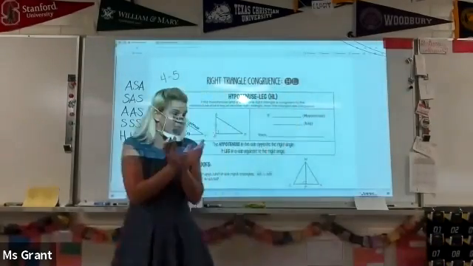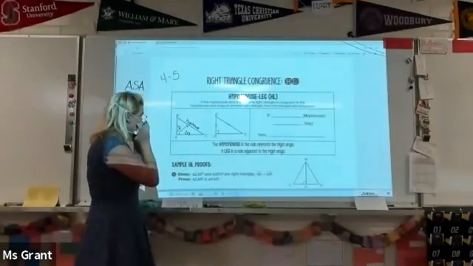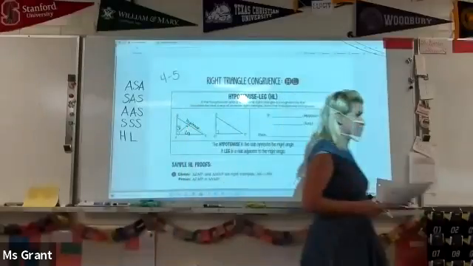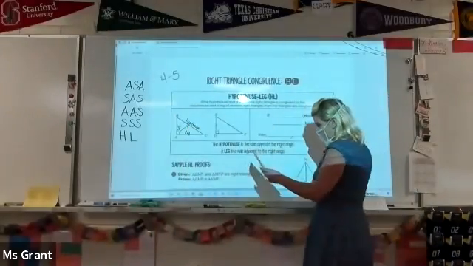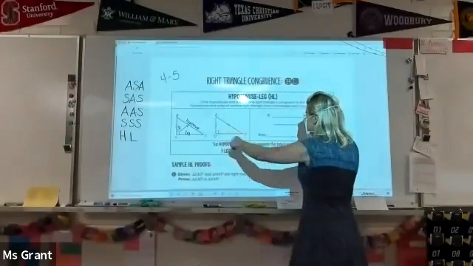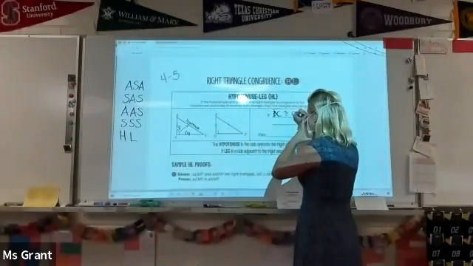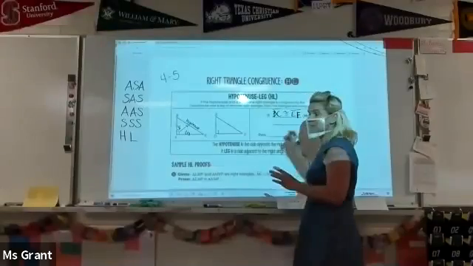The legs are touching the 90-degree angle, so they're adjacent. So let's talk about the hypotenuse as being congruent. BC is congruent to EF. Notice how the ordering matters.